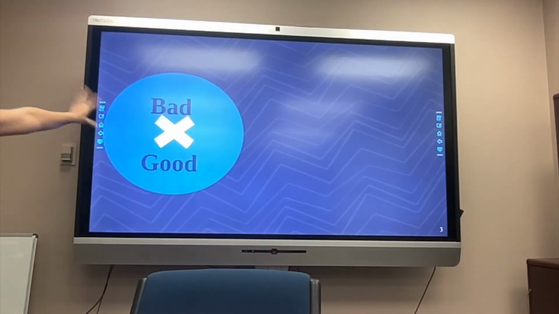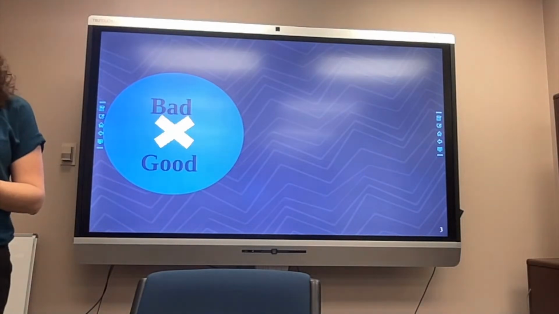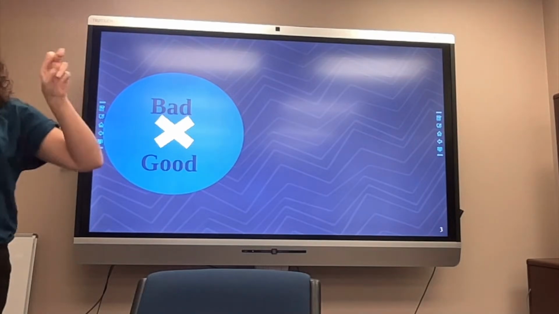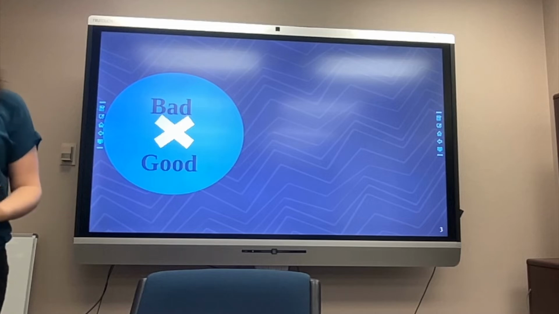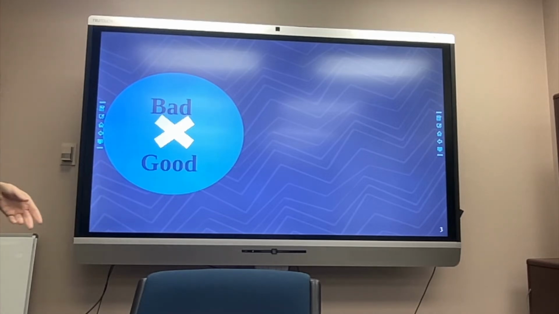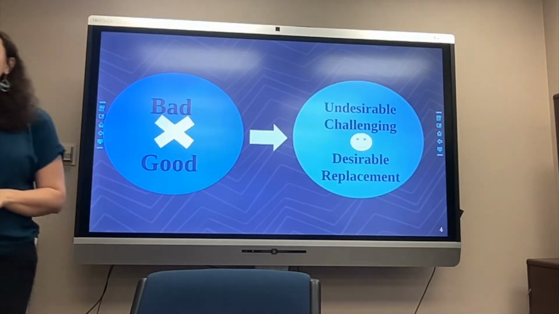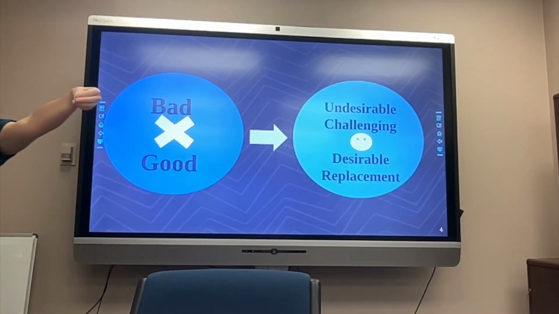We're also not going to say words like bad and good when we talk about behavior, because I've heard kids say, I'm a bad kid, and it's because people talk about them engaging in bad behaviors, and that they start to internalize that language. And so instead of saying bad and good, I'm going to use words like undesirable behavior, challenging behavior, and I'm going to talk about it in terms of behavior, not the individual.